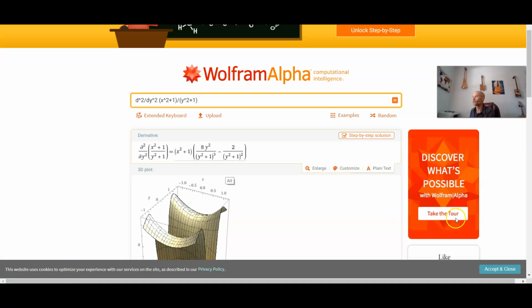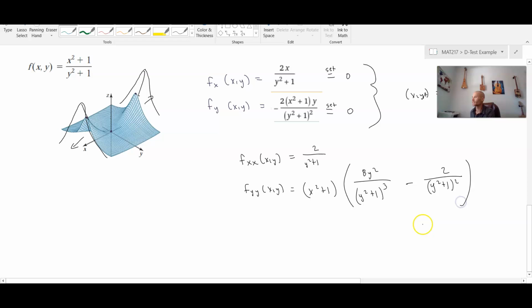All right. So just double checking that we have that input correctly, y squared plus 1 cubed minus 2 over y squared plus 1 squared, and that's the entire quantity.